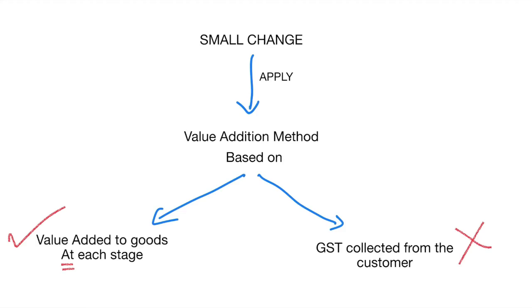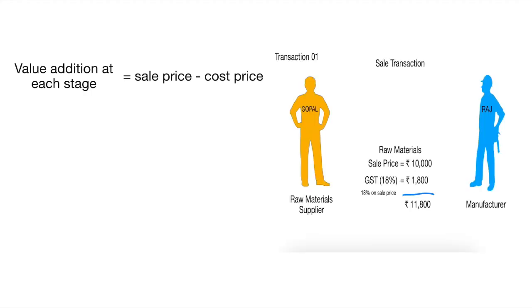Now the question is how to calculate the value addition done at each stage. Let us see. The formula for calculating value addition is sale price minus cost price. So here, in our first transaction, the sale price is 10,000 and the cost price is 0.